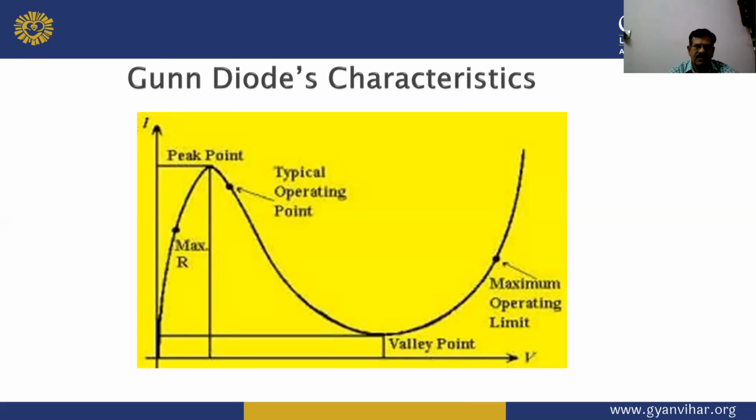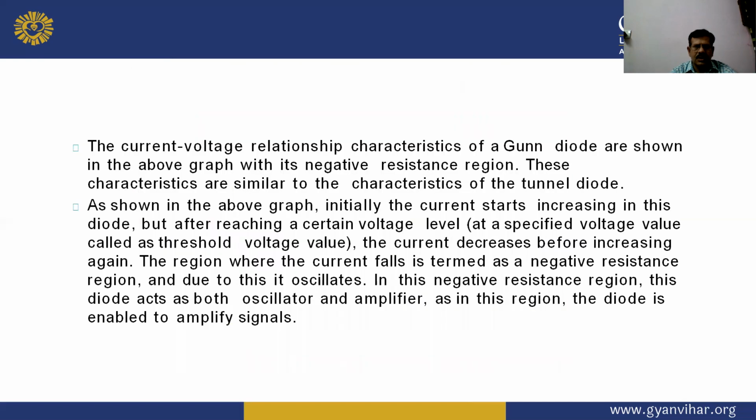So this graph shows the characteristics of the Gunn diode current versus voltage relationship. The current voltage characteristics of a Gunn diode are shown in the above graph with its negative resistance region. These characteristics are similar to the characteristics of the tunnel diode.